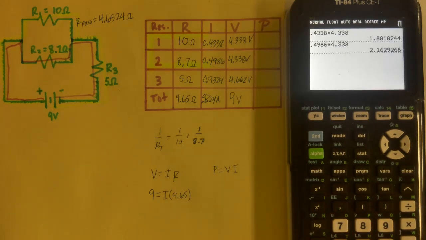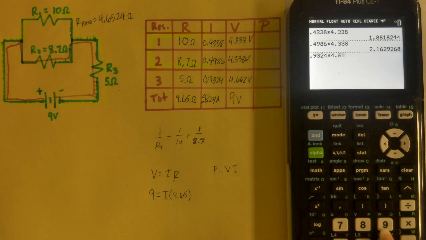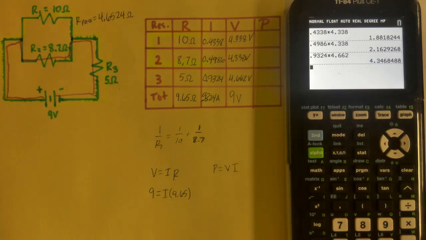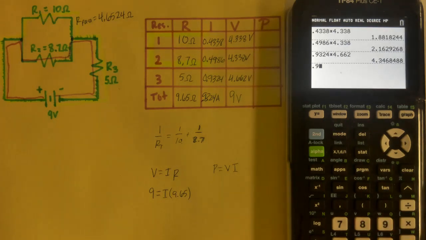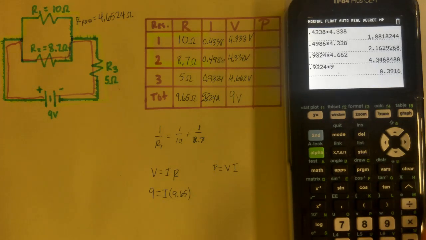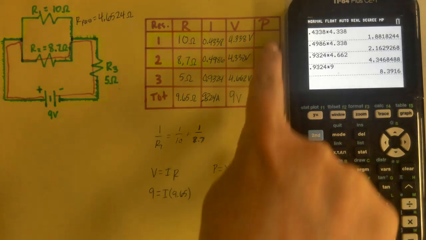Okay, so those are my first two powers. The third one is 0.9324 times 4.662. Okay, and then I can also find the total power output from the battery, 0.9324 times 9. And so you can fill all these values in to each of these.